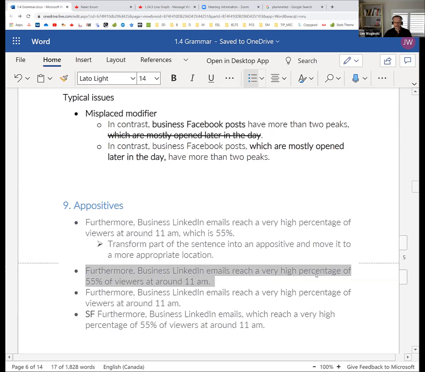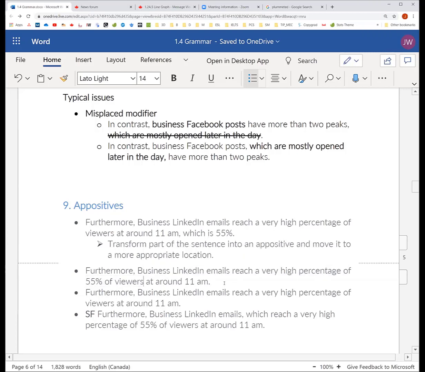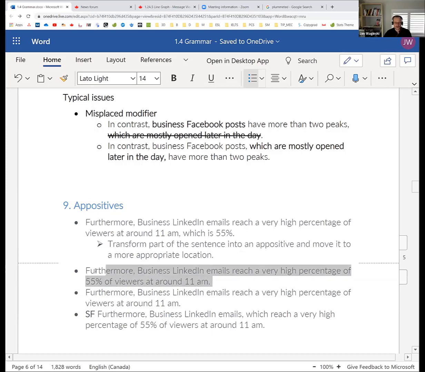To my ears, it doesn't sound awesome. "A very high percentage of 55% of viewers." It's okay, but we can make it a little bit better. Shall we put a comma before "at" or no? No, don't need it. So this is not an appositive. Can I try one?